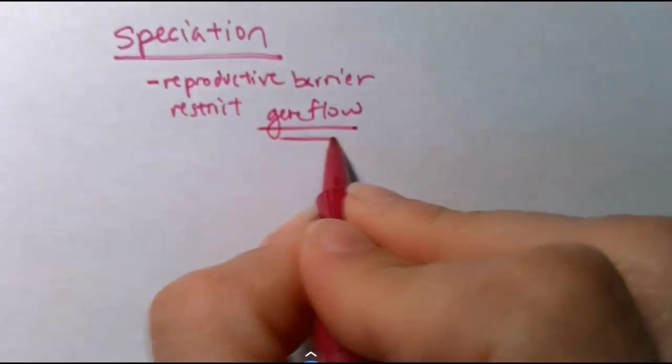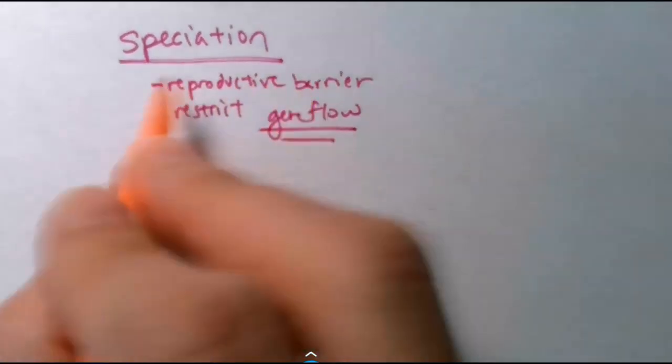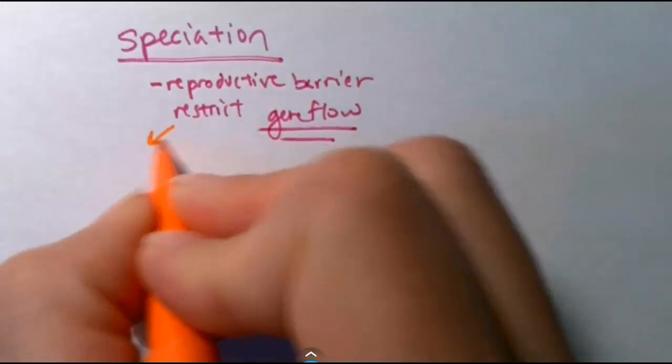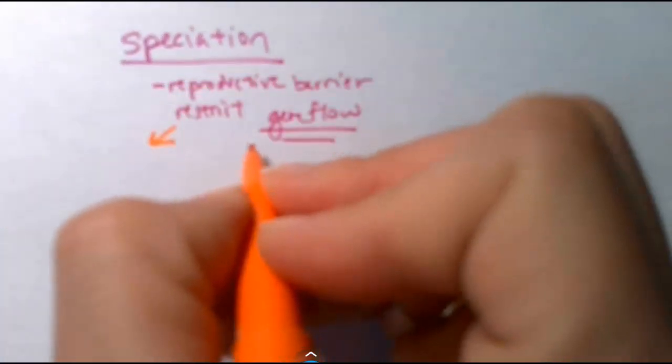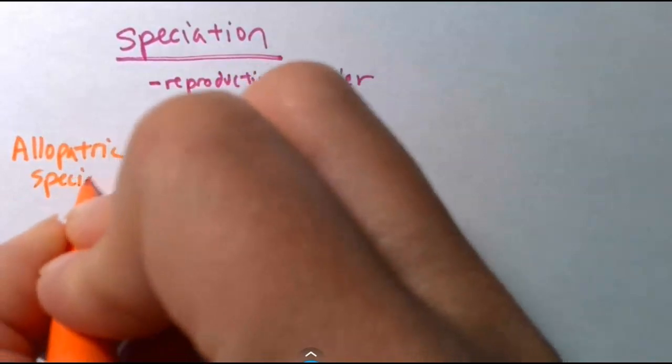Now, to restrict gene flow, you have 2 major options. You can create an actual geographic separation, or you can create this reproductive barrier without a geographic separation. So the first dividing line here is to geographically isolate a population. That type of speciation is called allopatric speciation.